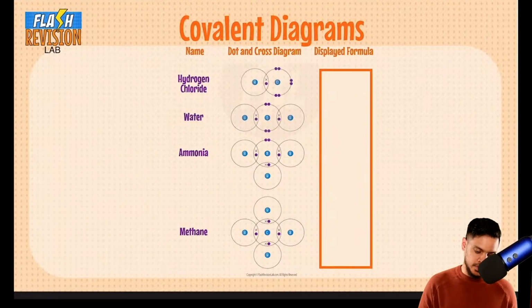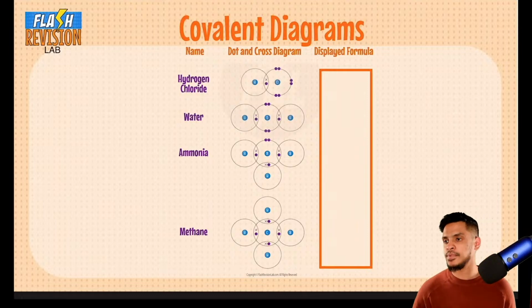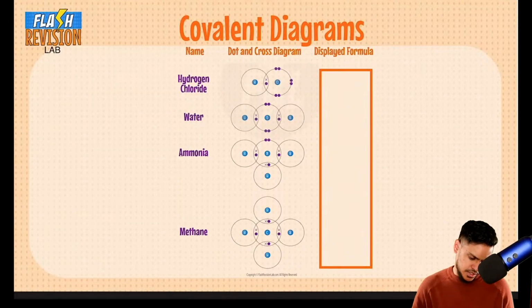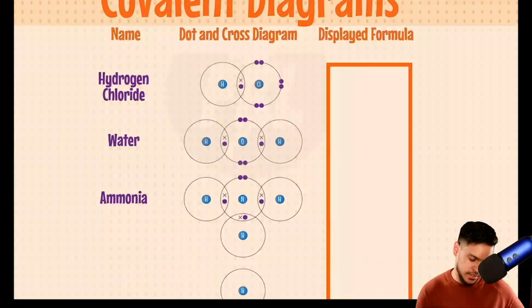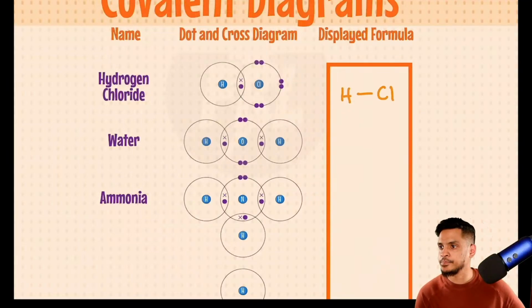All right, we've got a few more examples. We're going to draw the displayed formulas for this. All of these seem to have single bonds, right? So you can see here, hydrogen and chloride only have one pair between them, so we would draw this like that.